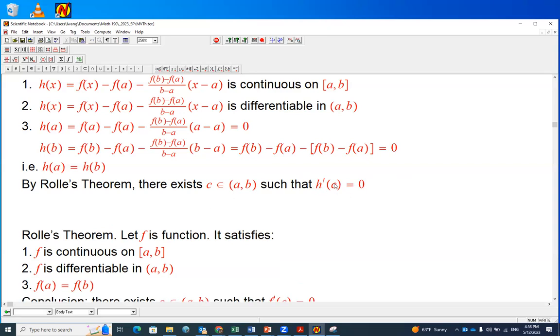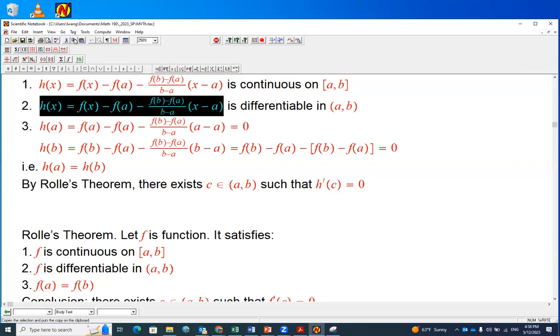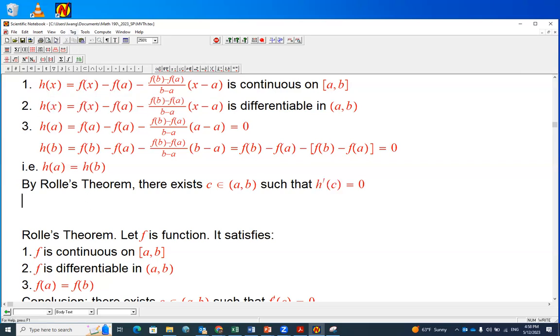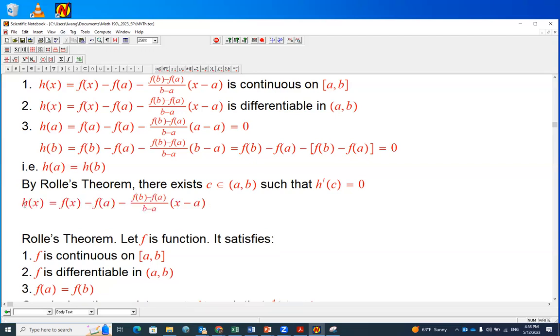So for such a c, what is the derivative of h? I'm going to take a derivative of h. So we take a derivative, and this piece takes derivative, that's going to be 0, right? And this is a constant, right? And we take a derivative of x minus a.